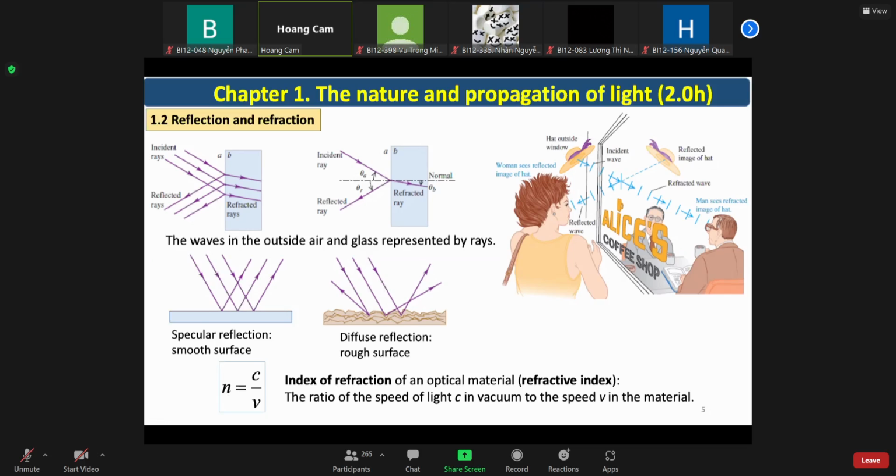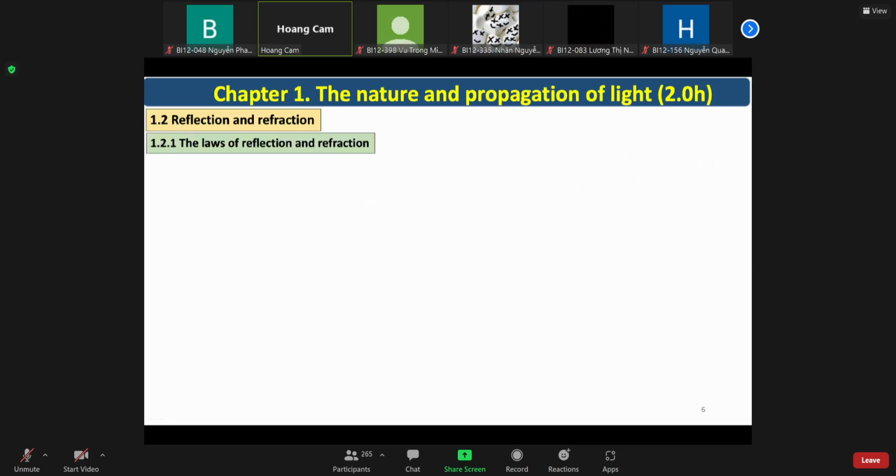It's one thing. Now we will have a look at the laws of reflection and refraction. So we know that yes, the light changes direction when it meets some kind of interface. In order to draw precisely the direction of the reflected ray and the refracted ray, we will need some mathematical tools.